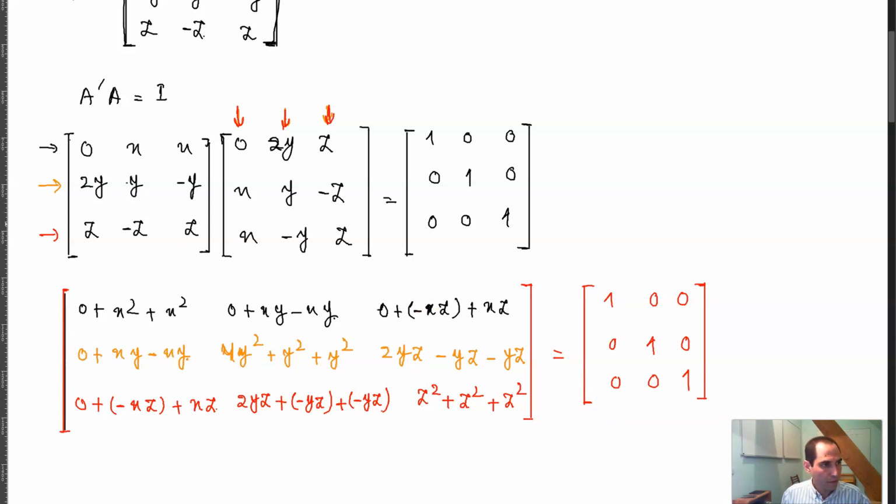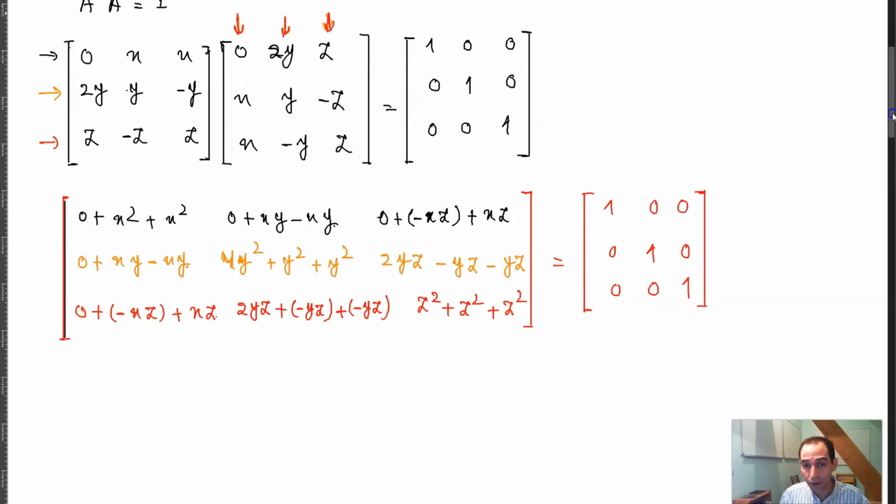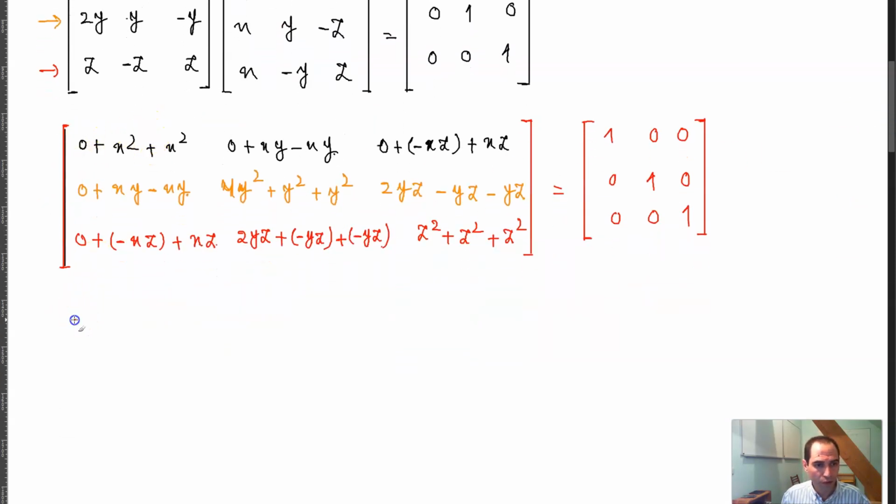Now the next thing that I have here is to simplify. So that is 2 times x squared. This would be 0, this would be 0, this would be 0. This would be y squared plus y squared, which is 2 times y squared, plus 4 times y squared is 6 times y squared. And there is a 0 here, because negative 2yz plus 2 times yz is equal to 0. Then here you have 0. Here you have negative 2 times y plus 2 times y, that's equal to 0.